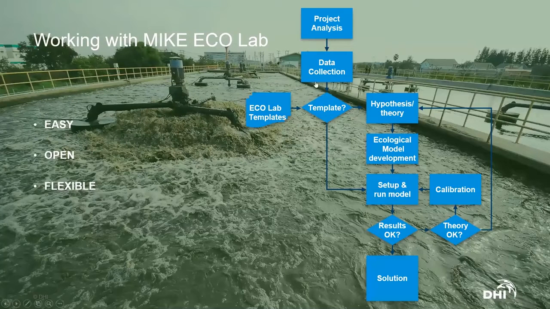So, project analysis and data collection. Before getting started with a model, always spend time on doing that. If you're working with Ecolab, for instance, you now come to the stage where you can choose a model. In Ecolab, we use the term template of a model. There are a number of predefined templates that come with the software, so you can start by picking one of those.